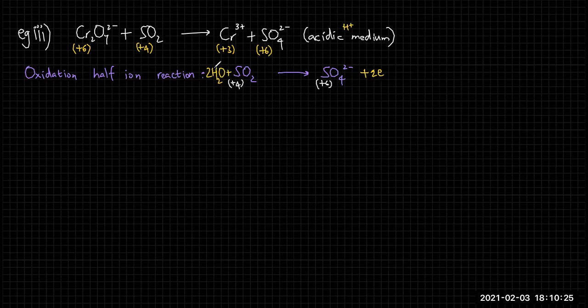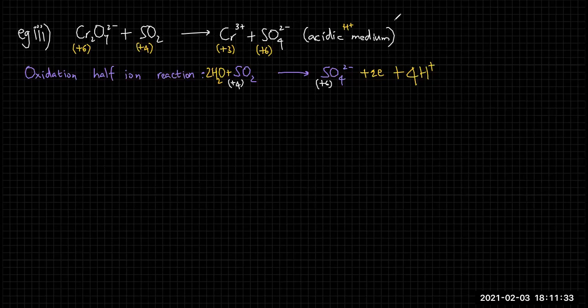The oxygen atoms are balanced. And now let's balance the hydrogen atoms. I have 4 on the left side. I have none on the right side, acidic medium. So I have to put 4 H plus to balance hydrogen atoms. Not very hard, not rocket science, quite manageable.